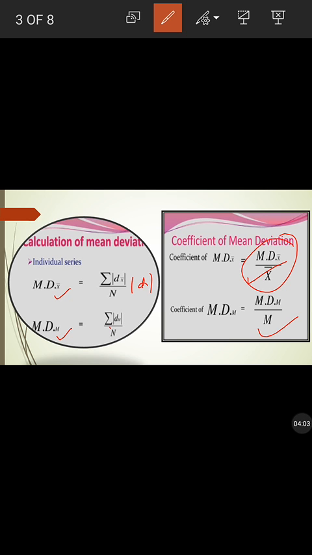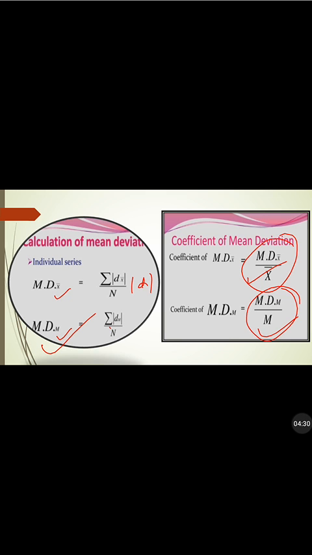If you're going to calculate mean deviation from median, then the coefficient of mean deviation is equal to mean deviation divided by median. So this is the difference. You should understand the formula clearly. When we are calculating from mean, then the coefficient of mean deviation is equal to mean deviation divided by mean, that is x bar.